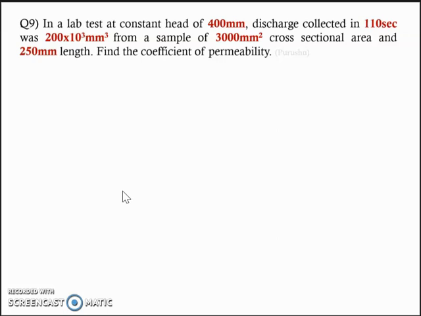So this is something related to the constant head test to determine the permeability, where the discharge is given, not directly though. You are given the discharge in 110 seconds as 200 multiplied by 10 to the power of 3. So discharge equals 200 multiplied by 10 to the power of 3 by 110 in millimeter cube per second.